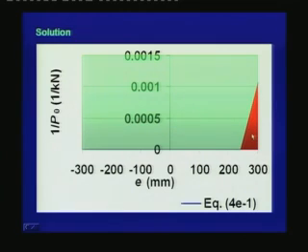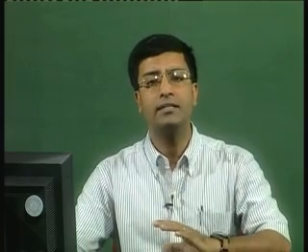It will violate the stress condition, and that region is represented as red. Hence, we see that the first stress condition gives a line which demarcates the combination of 1 by P0 and e into two regions. One is the green region, which is acceptable, and the other is the red region, which is not acceptable.